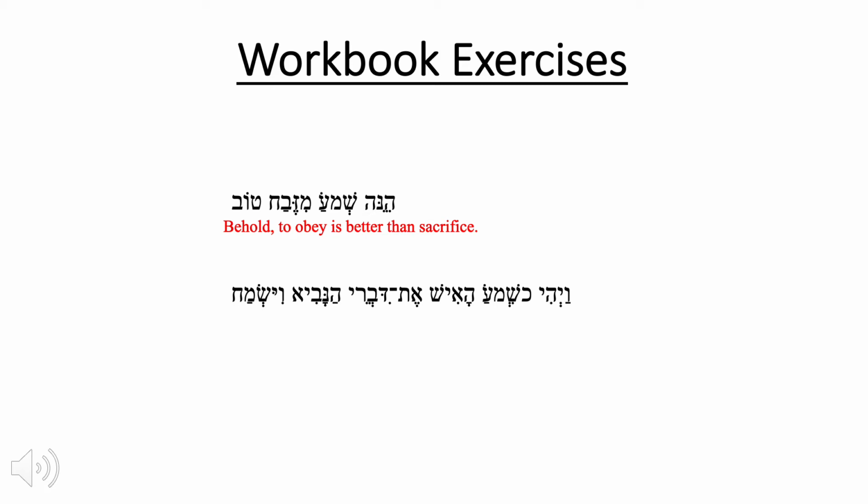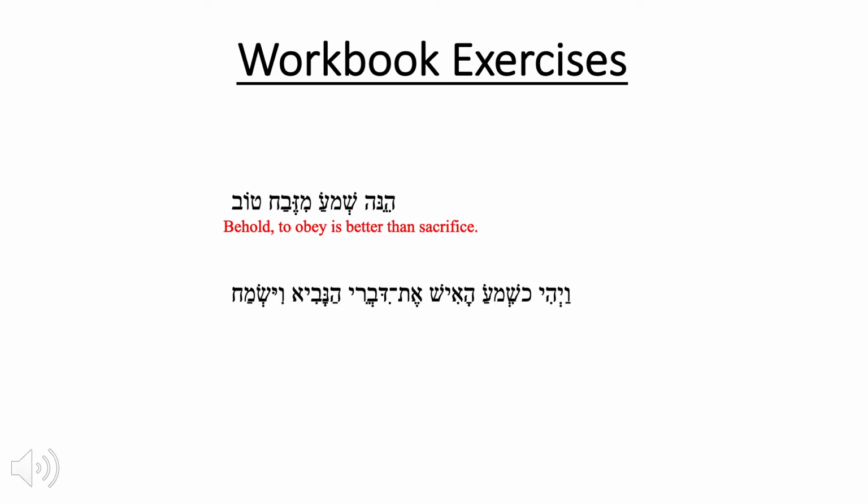We then have the infinitive construct, shamo, to obey. And then we have a comparative use of min, the min preposition, meaning than, more than. So this is mizbeach, which has to do with sacrifice, and tov, it is good. So more good to obey than the good of sacrifice.